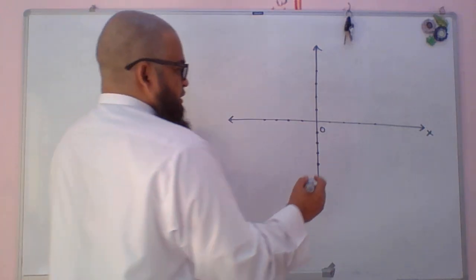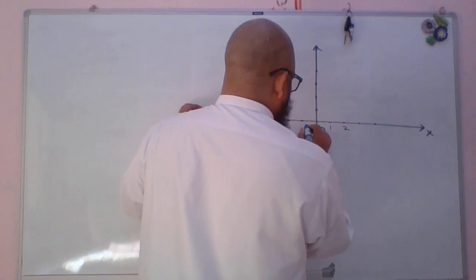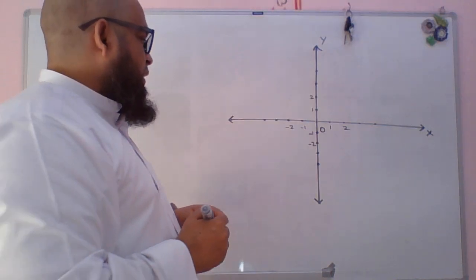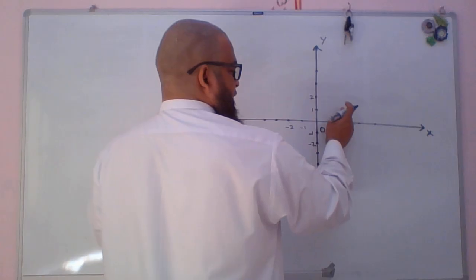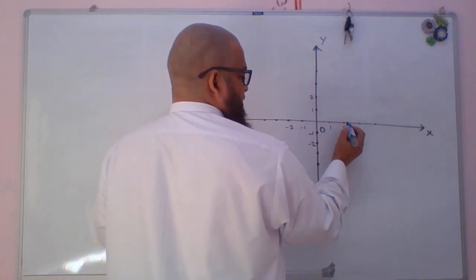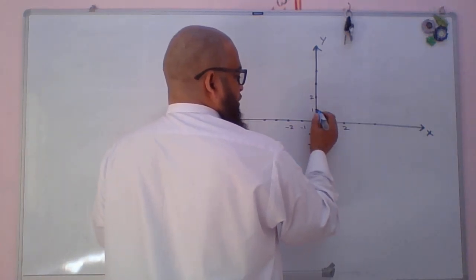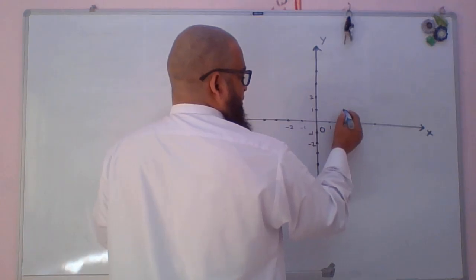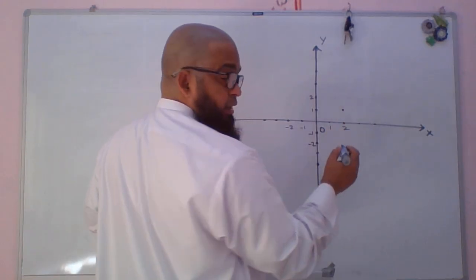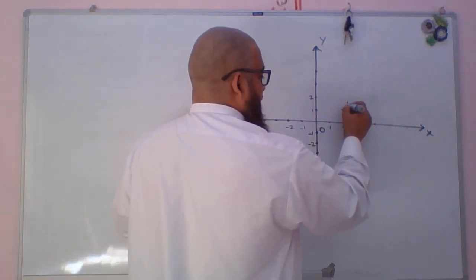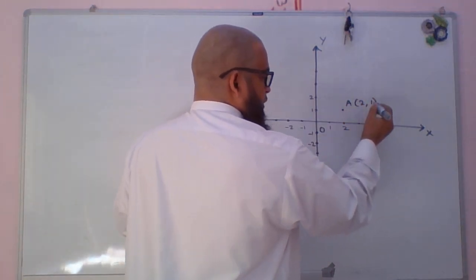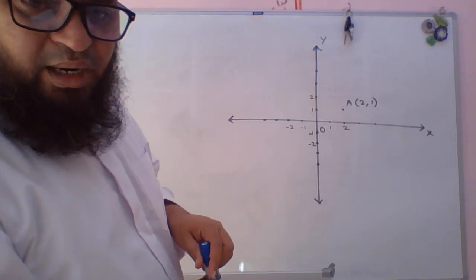So this is 1, 2, -1, -2. Here it is 1, 2 on the y-axis. The point A is 2 comma 1. On the x-axis it is 2 and the y coordinate is 1. So the point A 2 comma 1 is here. And now B is -1 comma 2.